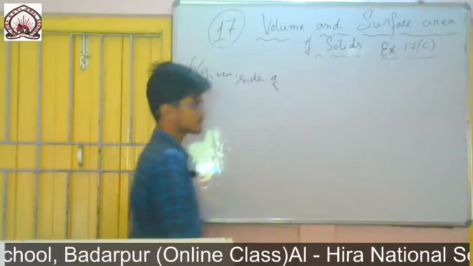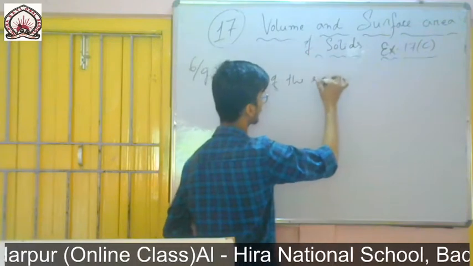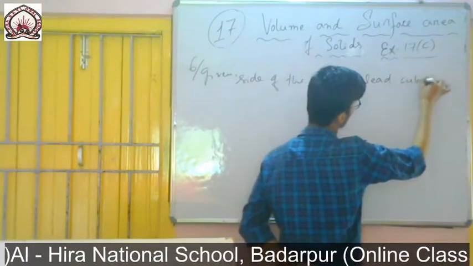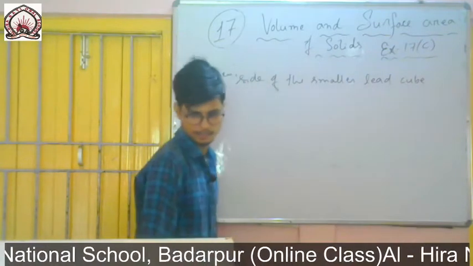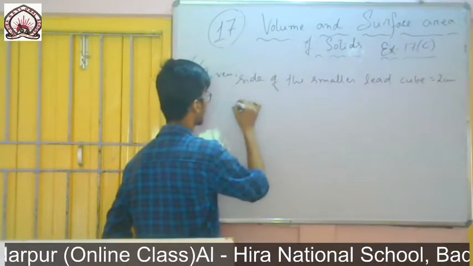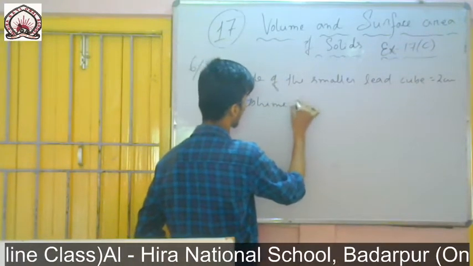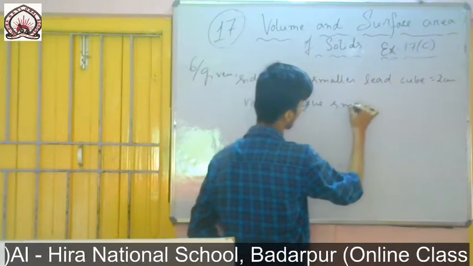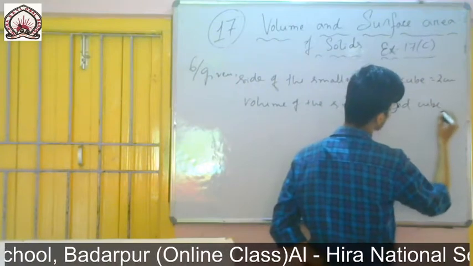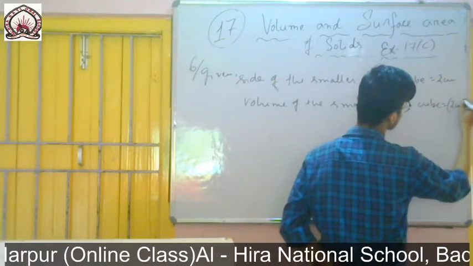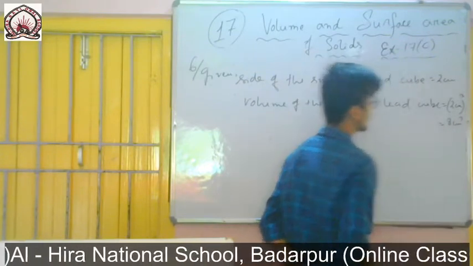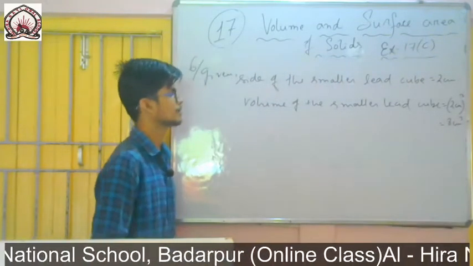Given side of the smaller lead cube is equal to 2 centimeter. Therefore, volume of the smaller lead cube equals 2 centimeter cubed, equals 8 cm cube. This is the volume of the smaller lead cube.